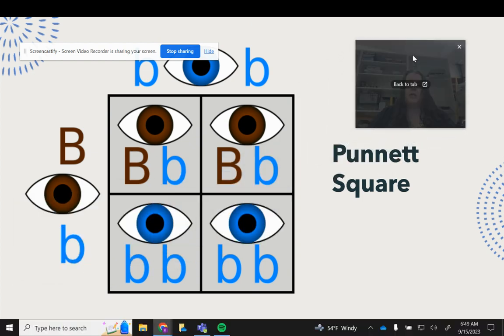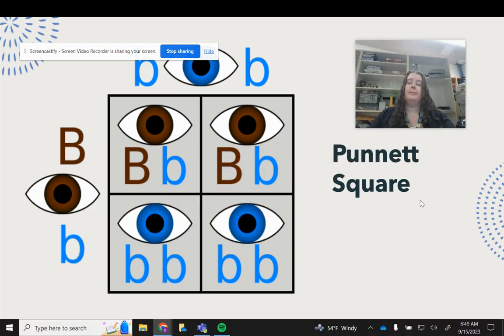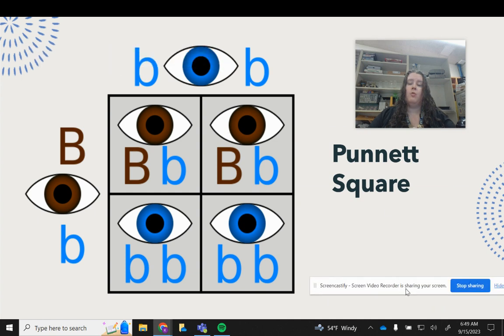So here's how we know which traits are dominant and which ones are recessive. This is an example from my life. My biological dad has blue eyes. Blue eyes is recessive, so we have little b's here because they're recessive. Then we have brown eyes. My mom has brown eyes.